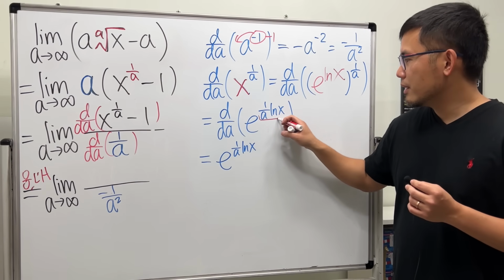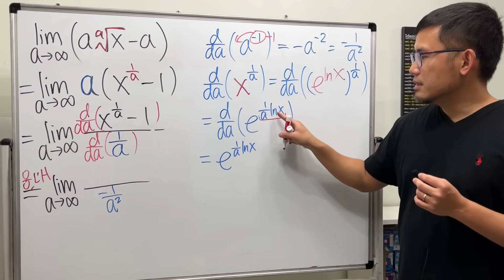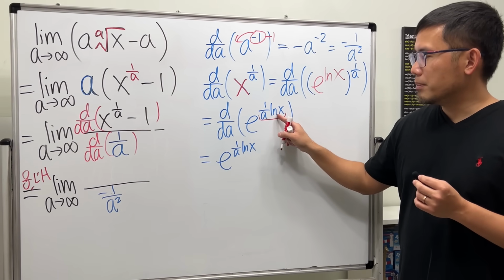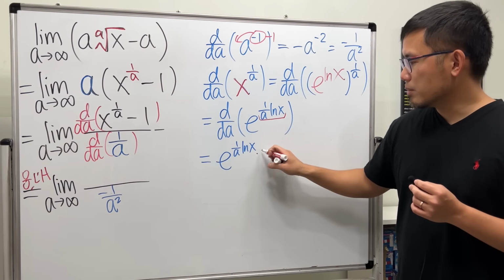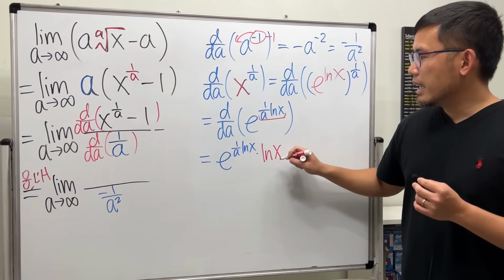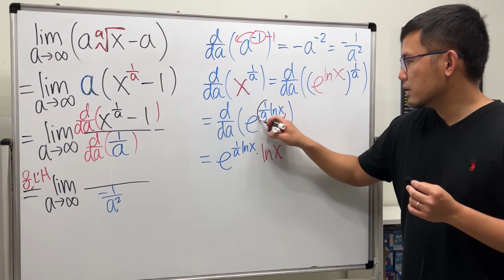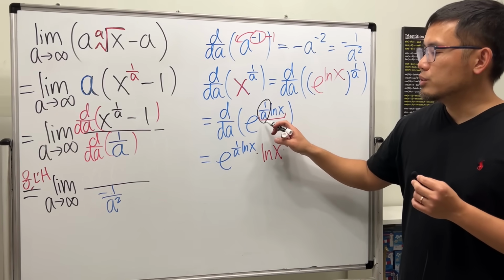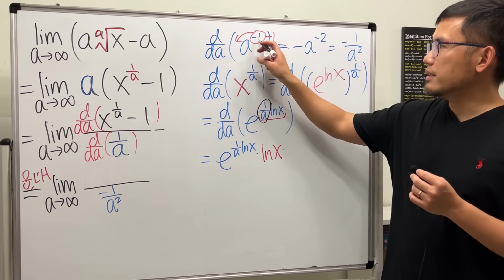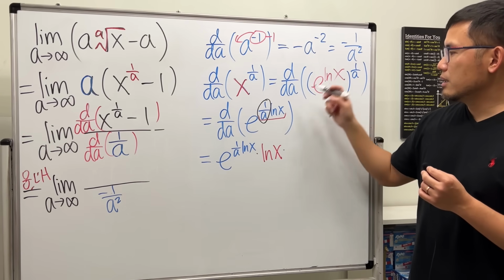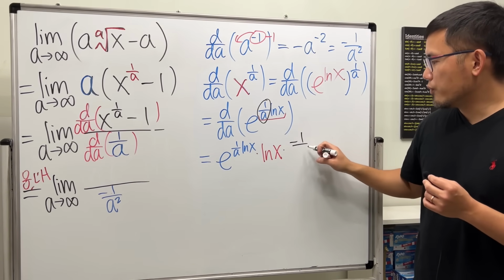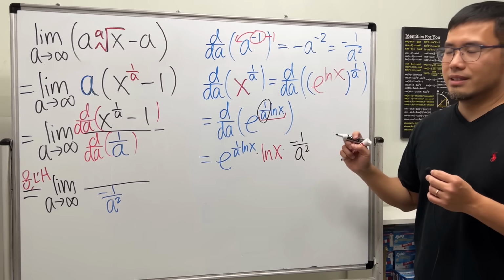This right here is like a number, so we have to multiply by the constant multiple, so multiply by ln x. And then the derivative of 1 over a is what? Derivative of 1 over a, which is the same as a to the negative 1, so that will give us negative 1 over a squared.